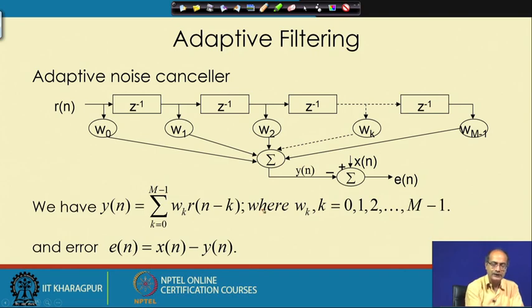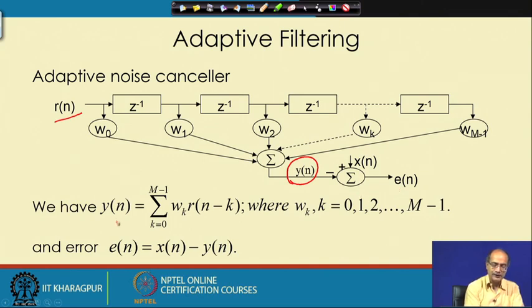The reference signal Rn is fed to a tap delay filter, and for different lags, we take the value of Rn, multiply with the tap weights and sum them up, which gives rise to our estimate of the noise, that is Yn. As we subtract that from our observed signal Xn, we get the output En.